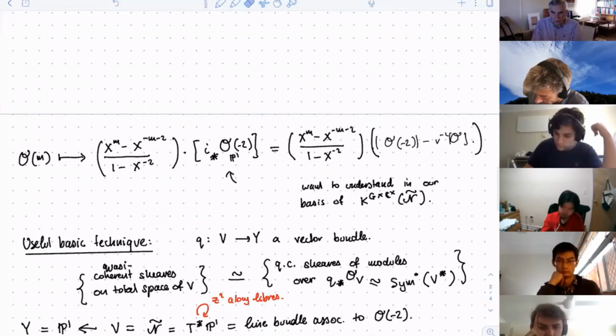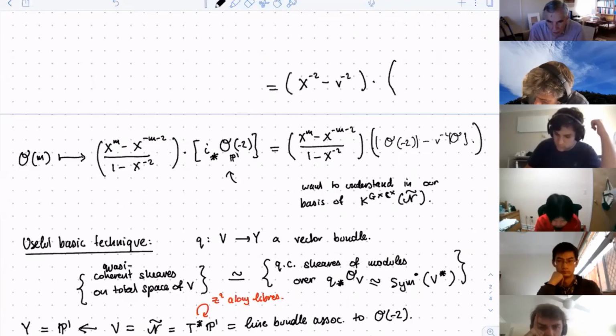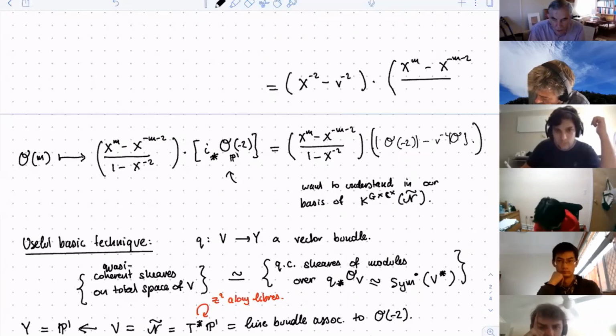Okay, so now if we rewrite this in terms of x's and y's, and I'll change the order, we get x to the -2 minus v inverse times x to the m minus x to the -2 minus 2. Okay.